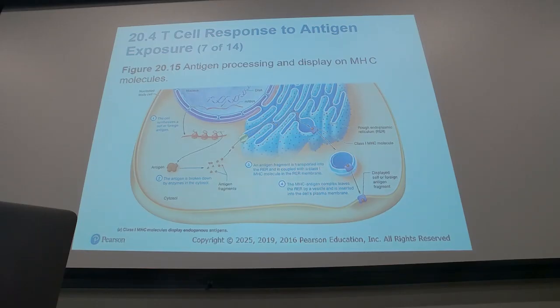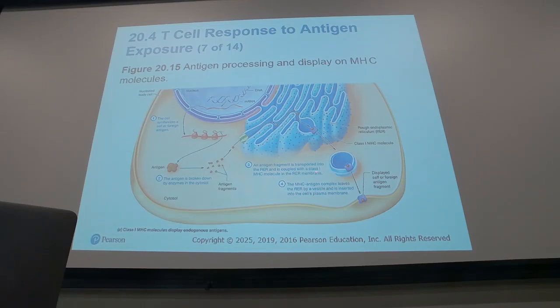And then this protein is going to be a receptor that is going to be an MHC, major histocompatibility complex.